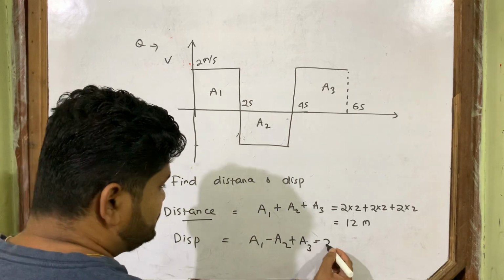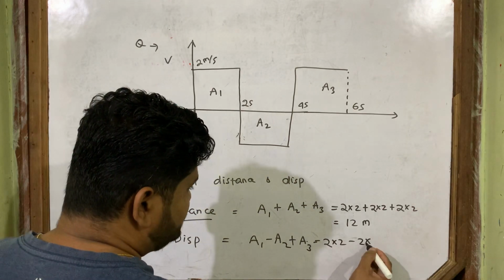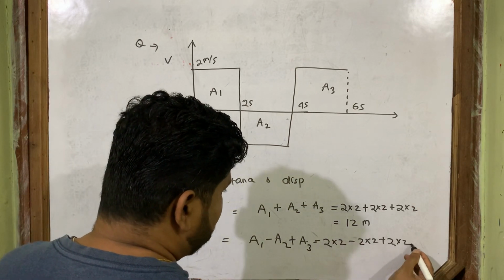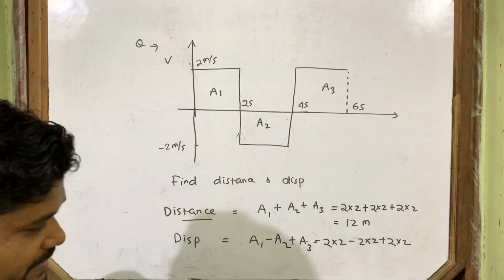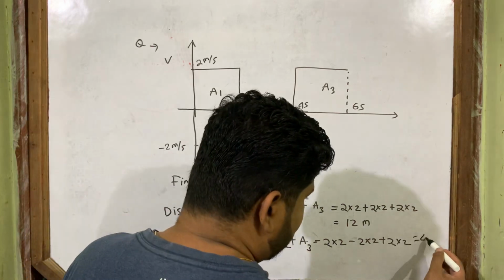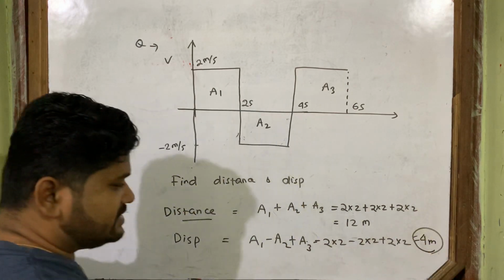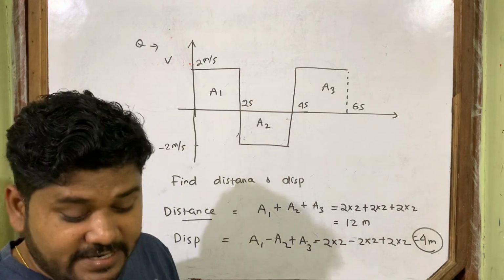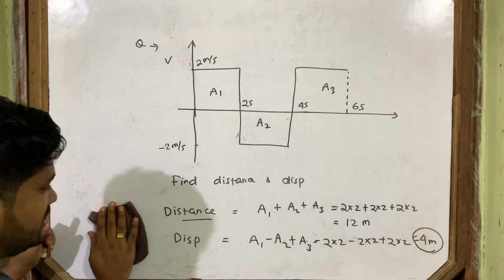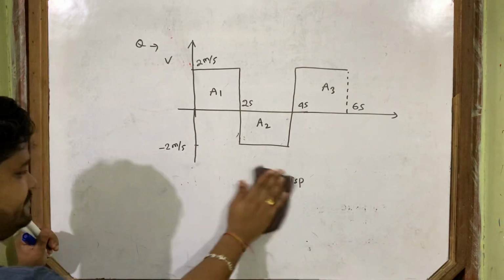So A1 is 2 into 2, A2 is minus 2 into 2, A3 is plus 2 into 2. One part is cancelled, so it's only 4. 4 meter is the displacement and 12 meter is the distance. Whenever any distance displacement graph comes, you have to work like this.